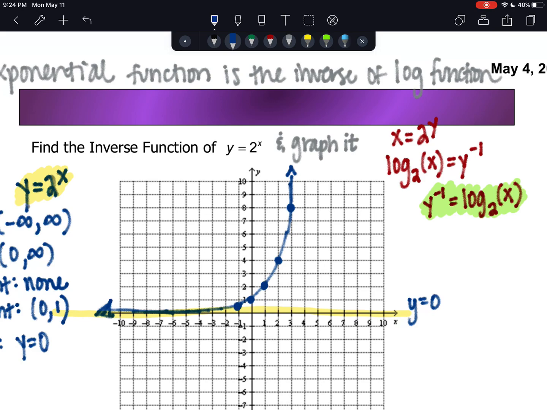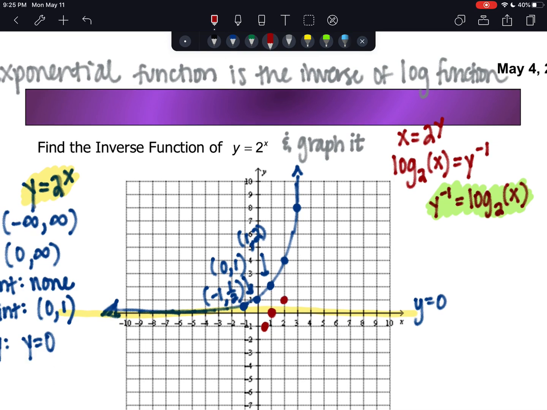So -1, 1/2 becomes 1/2, -1. 0, 1 becomes 1, 0. 1, 2 becomes 2, 1. 2, 4 becomes 4, 2. 3, 8 becomes 8, 3.